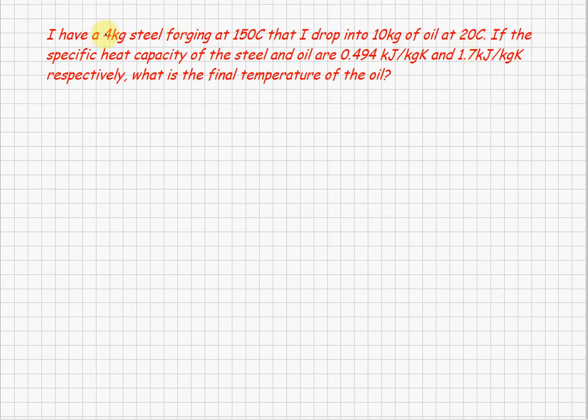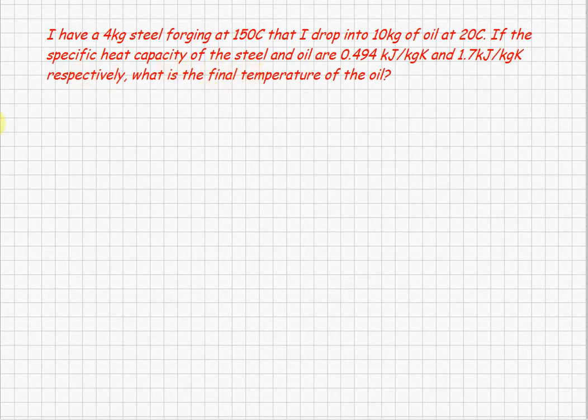So I have a 4 kilogram steel forging at 150 degrees C that I drop into 10 kilograms of cooling oil at 20 degrees C. If the specific heat capacity of the steel and the oil are 0.494 kilojoules per kilogram degree K and 1.7 kilojoules per kilogram degree K respectively, what is the final temperature of the oil?